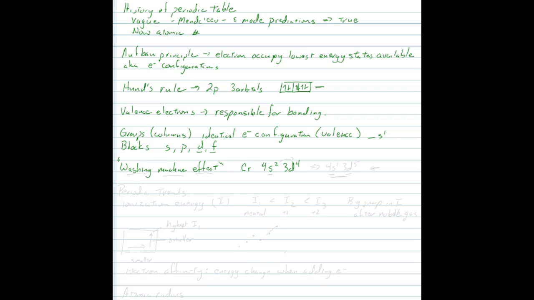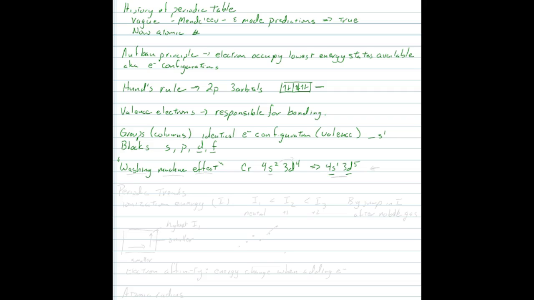Now the s and the d are really, really close to each other, and in fact it makes much more energy sense, instead of having a full and an almost full orbital, to call it 4s1 3d5.